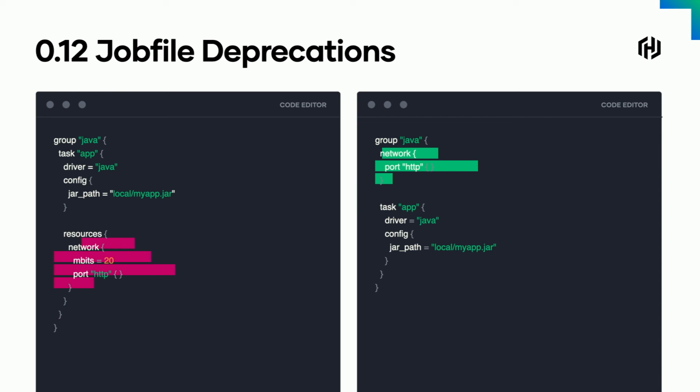But we found that to not be a very reliable or useful quantity to do scheduling on. Oftentimes applications, especially HTTP applications, are so bursty that you're not going to consume 20 megabits consistently and constantly.